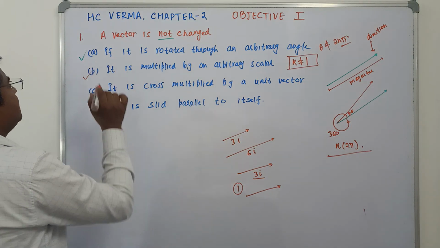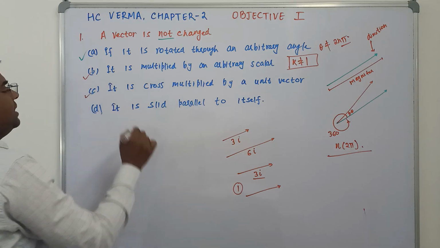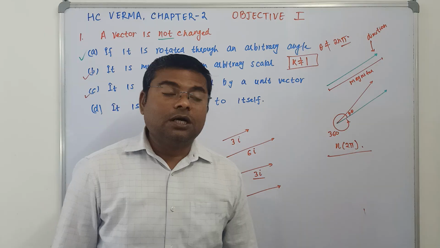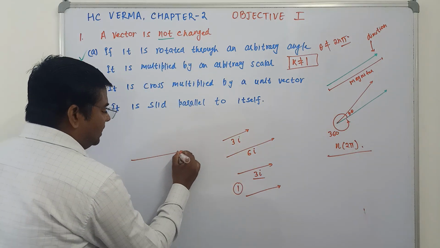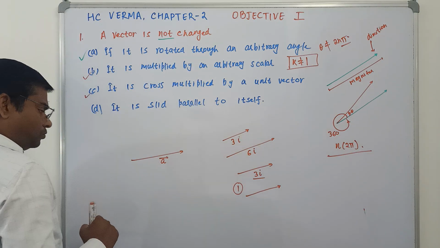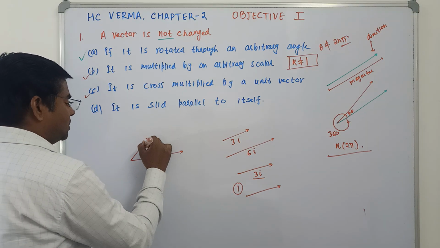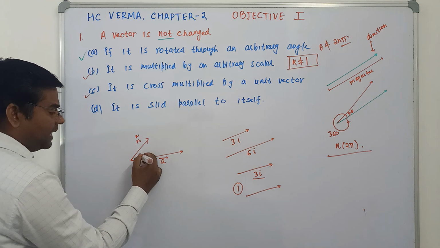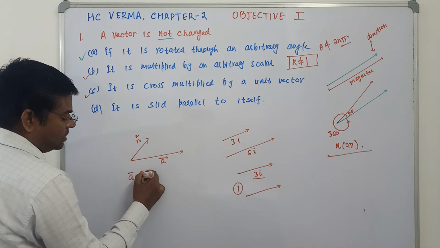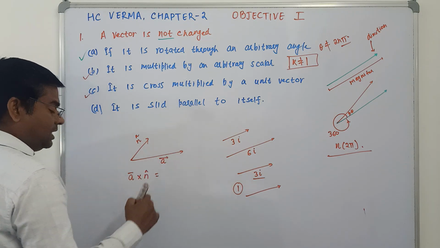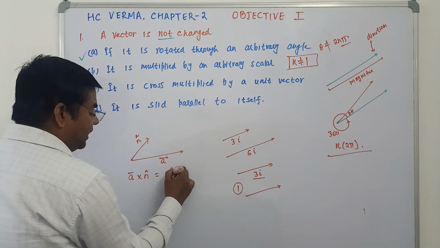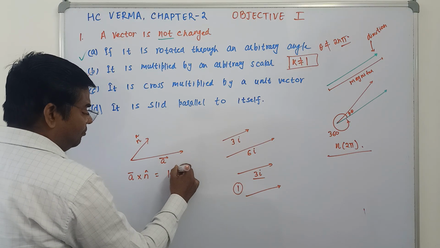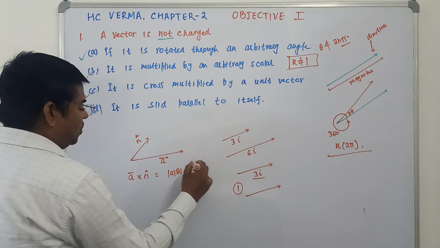Now option C; we discussed option A and option B. Option C: if it is cross multiplied by a unit vector. Suppose this is vector A and this is a unit vector, suppose n cap. We multiply them: vector A cross the unit vector is equal to mod of A, mod of the unit vector, into sin theta, n cap.